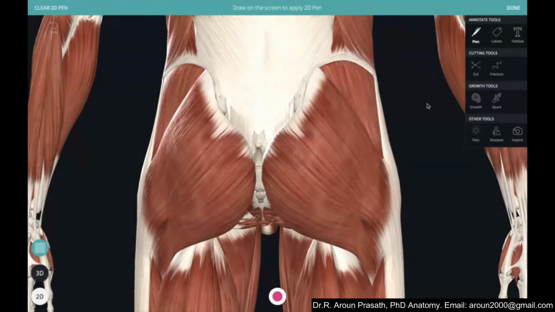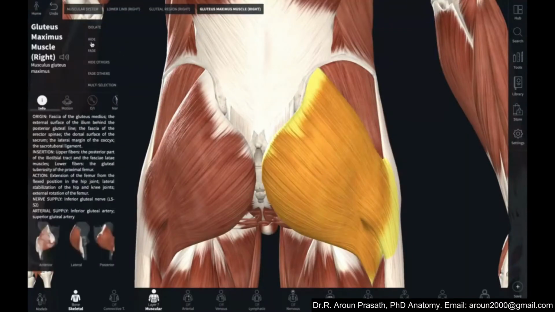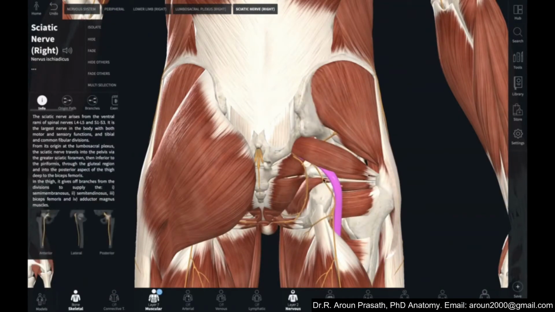If you want to give injection here, there are nerves that you have to consider. When I remove this, you see the sciatic nerve is passing in the deeper aspect.